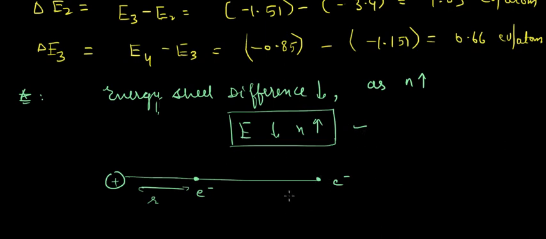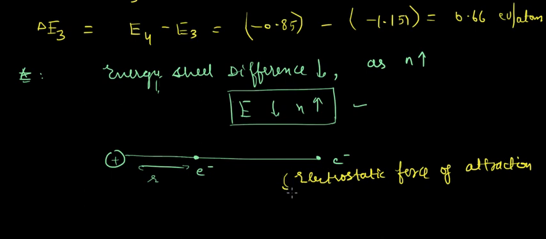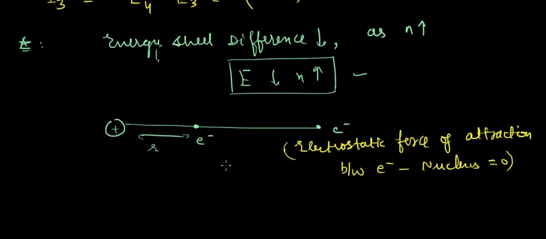At infinity, the electrostatic force of attraction between the nucleus and the electron would be 0, and there would be some energy here obviously.